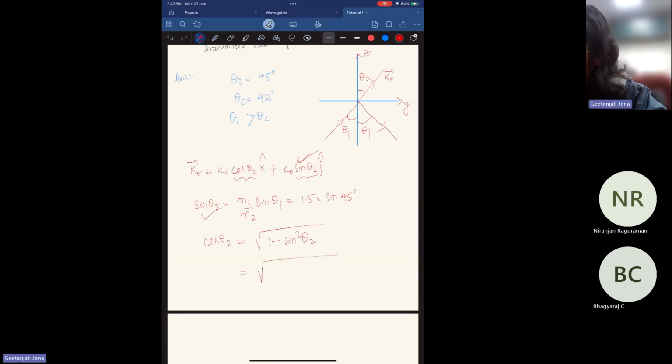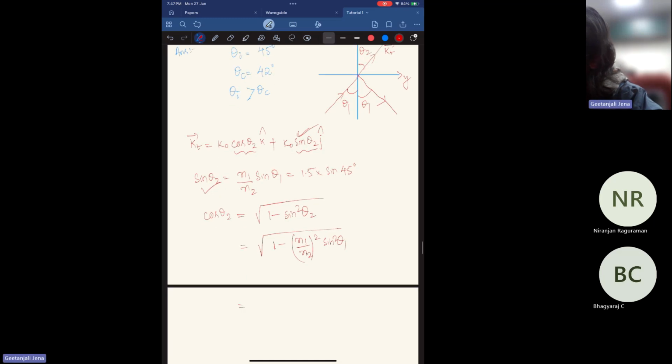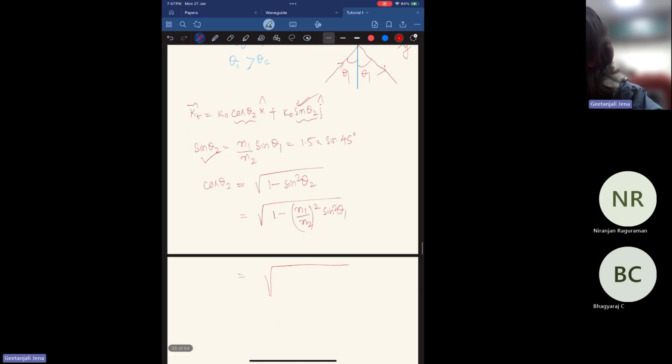So root over of 1 minus, if you plot, this is n1 by n2 square sine square theta 1. So this is root over of.